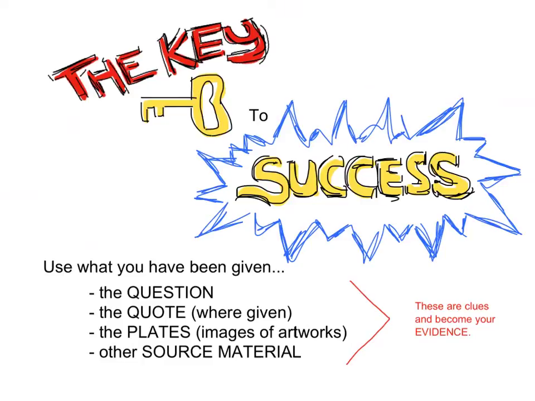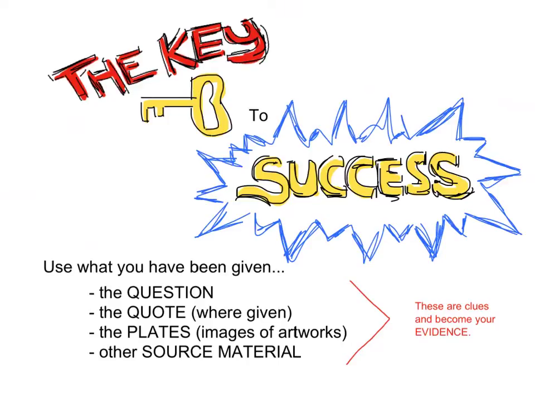The key to success within section 1 is to use what you have been given. The question is carefully constructed in order to guide the type of response you are to give. The artworks, which are called plates, are carefully chosen. If quotes have been included, there's a purpose behind them.